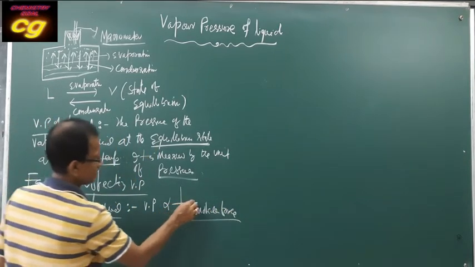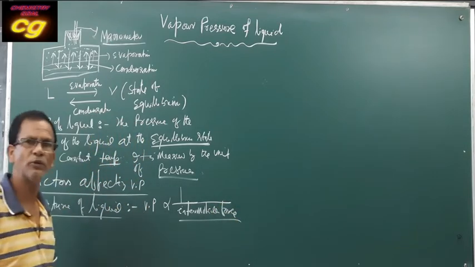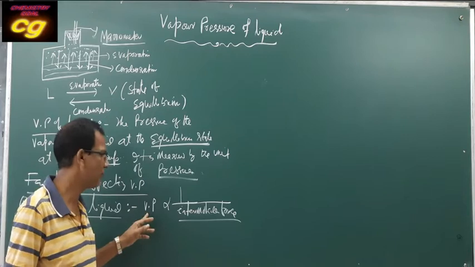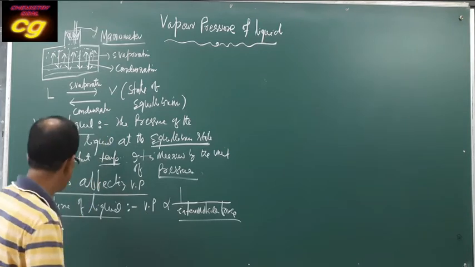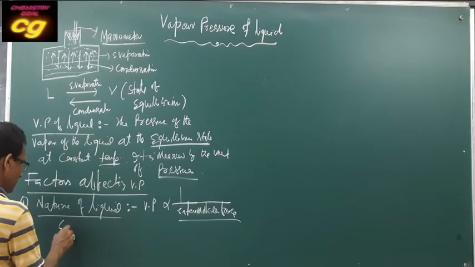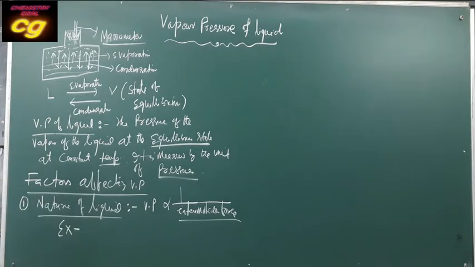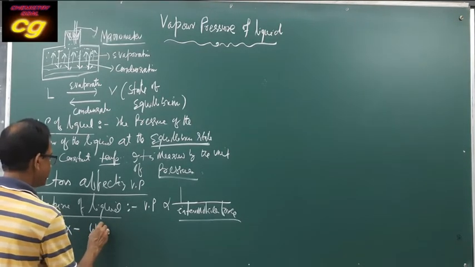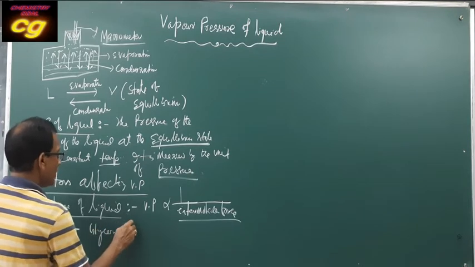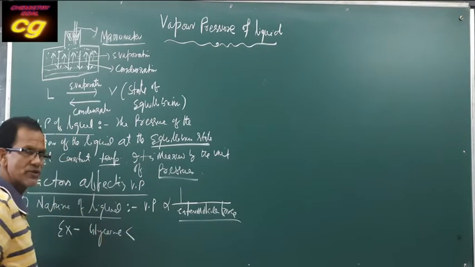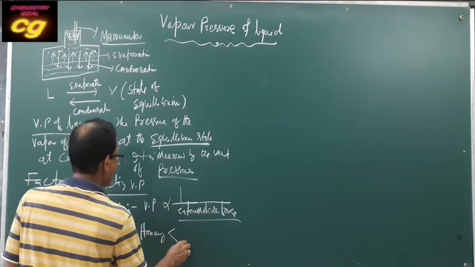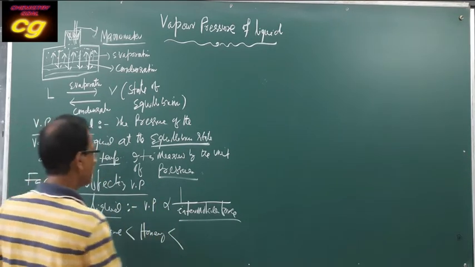Intermolecular force: if the intermolecular force is more, then the vapor pressure will be less. You can give an example: glycerin has a lower vapor pressure compared to honey, and less than your water.